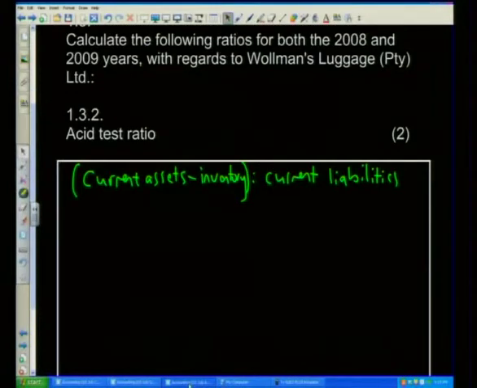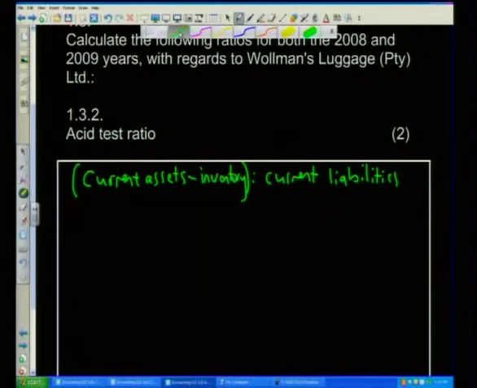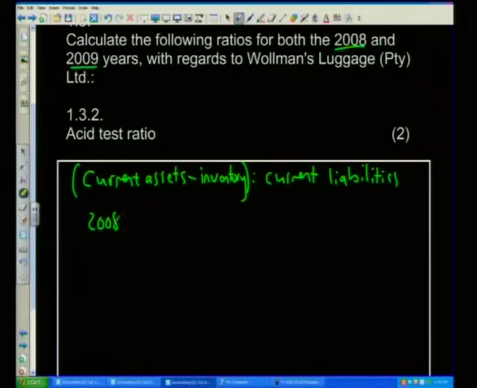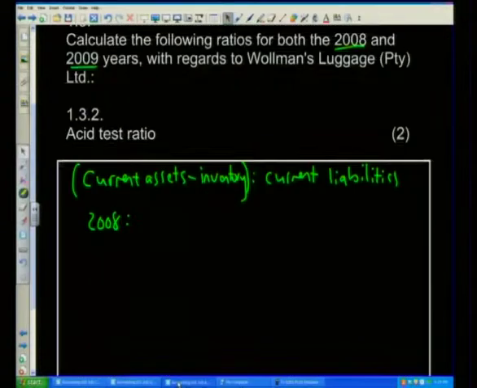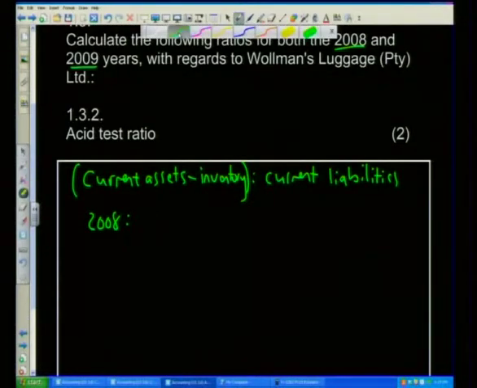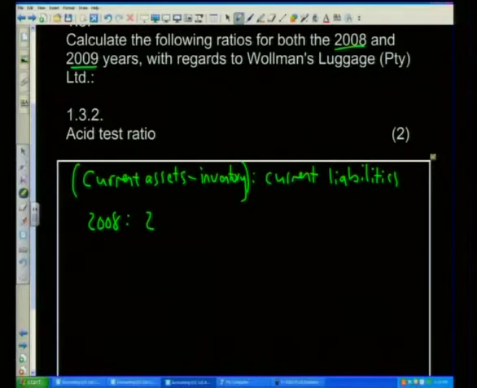So our current assets for 2008, remember once again, read the question carefully because it's asking you to calculate 2008 as well as 2009. In 2008, we had current assets of 2,454,370. So we've got 2,454,370.